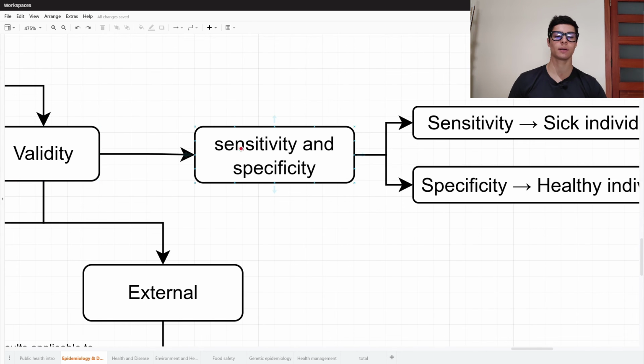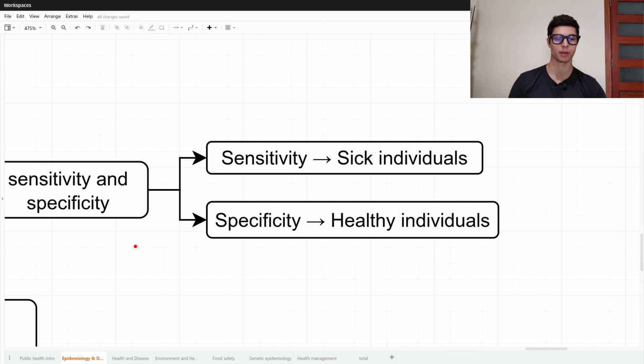And validity also leads us to sensitivity and specificity. These two words are very tricky because they are similar, but they are not. Sensitivity is focusing on sick individuals, whereas specificity is focusing on healthy individuals.